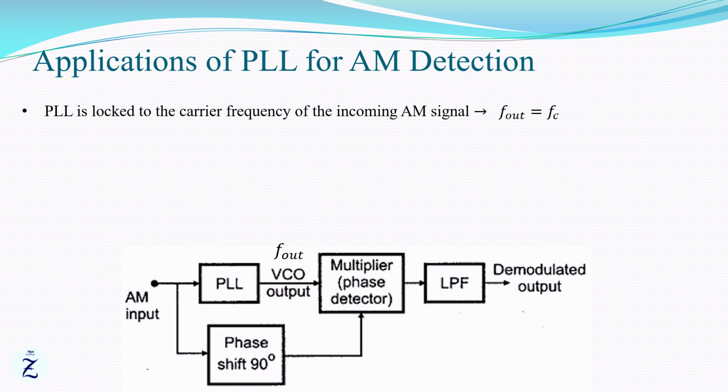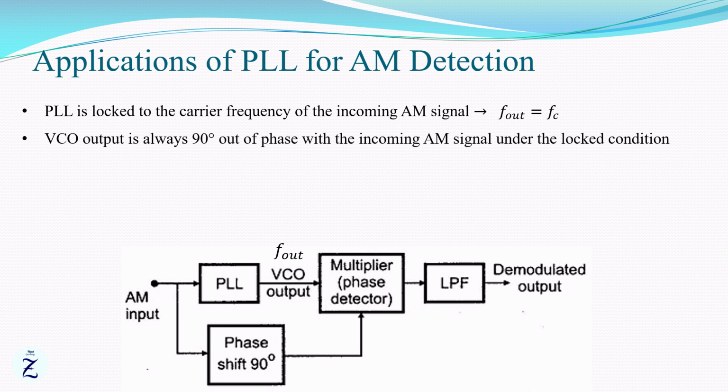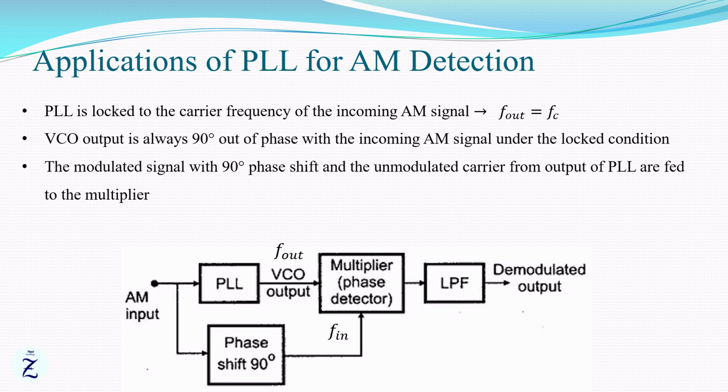Under the locked condition, VCO output or PLL output is always 90° out of phase with respect to the incoming signal. So, the modulated signal is passed through a phase shifter which shifts the incoming signal by 90°, and hence it makes the signal in phase with PLL output.